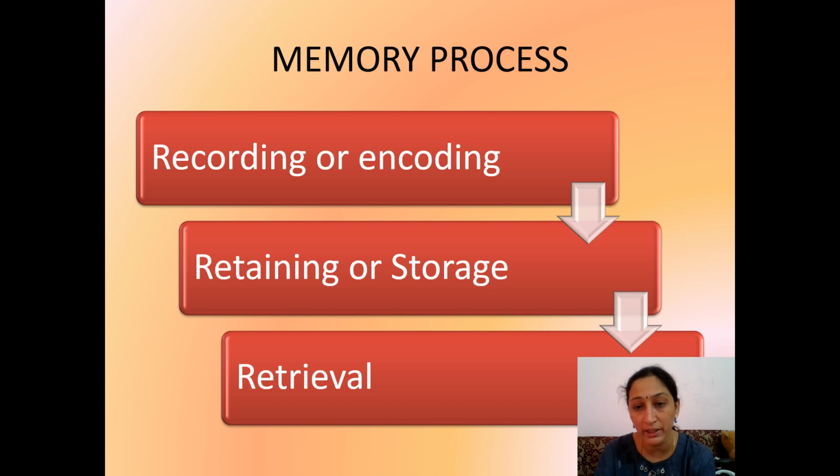So the learnt material is retained. Whatever knowledge or skill you have acquired, you will store by continuous rehearsal and practice. Retrieval. Once it is stored in the brain, whenever the need comes, you bring it out of your memory and you use the learned material for your usage.